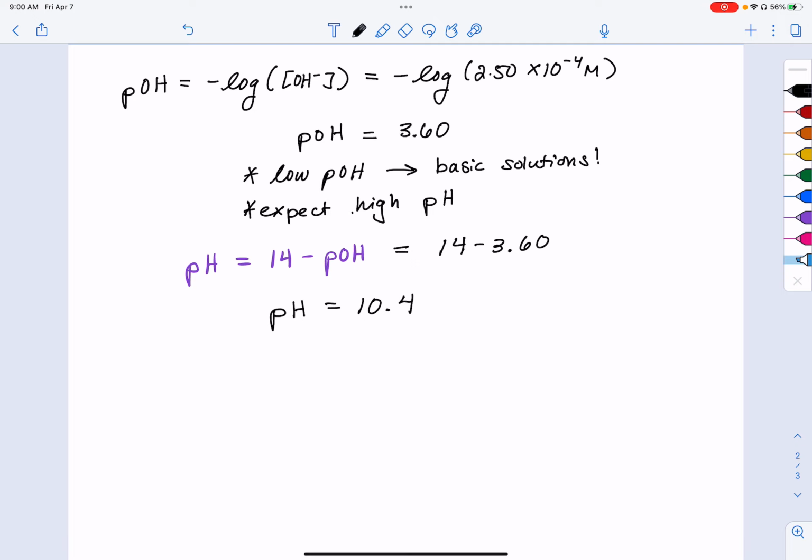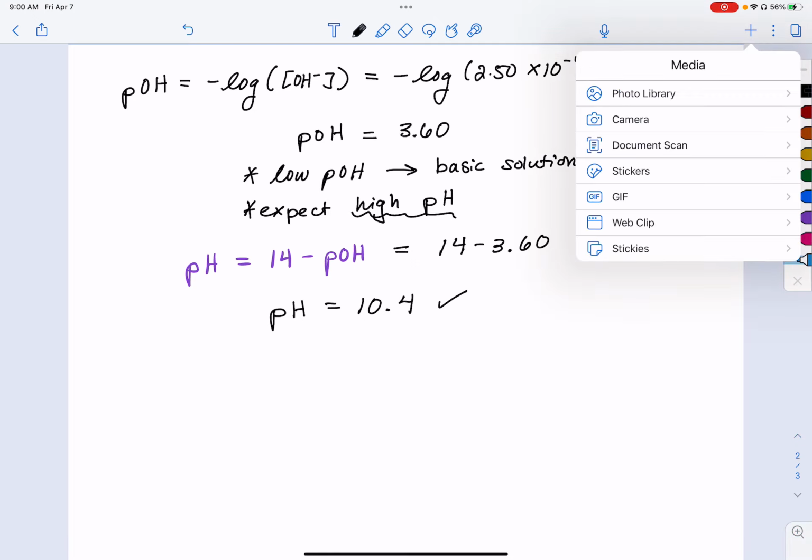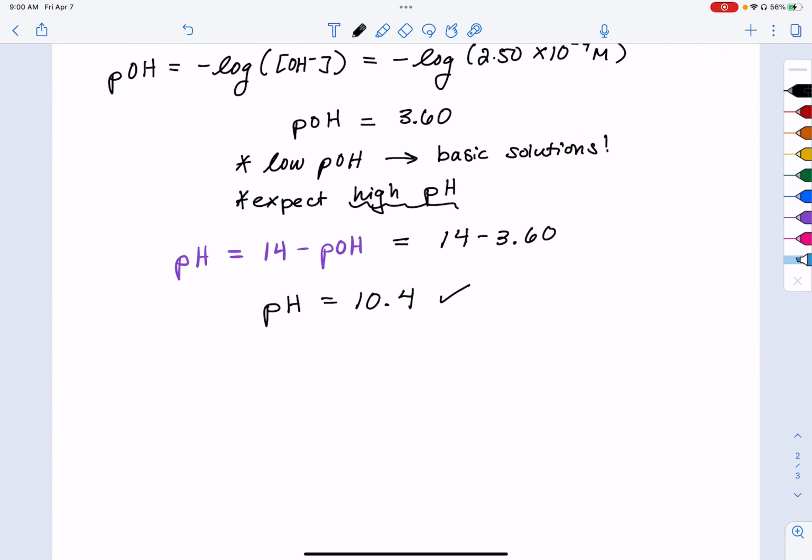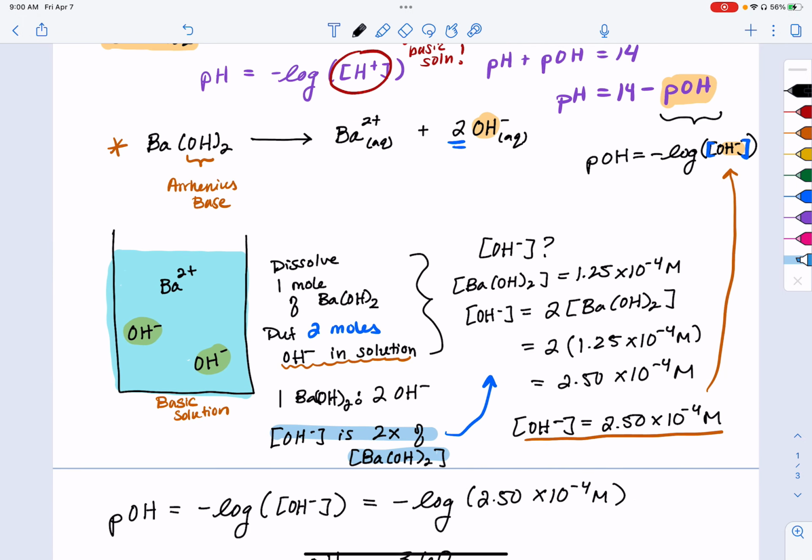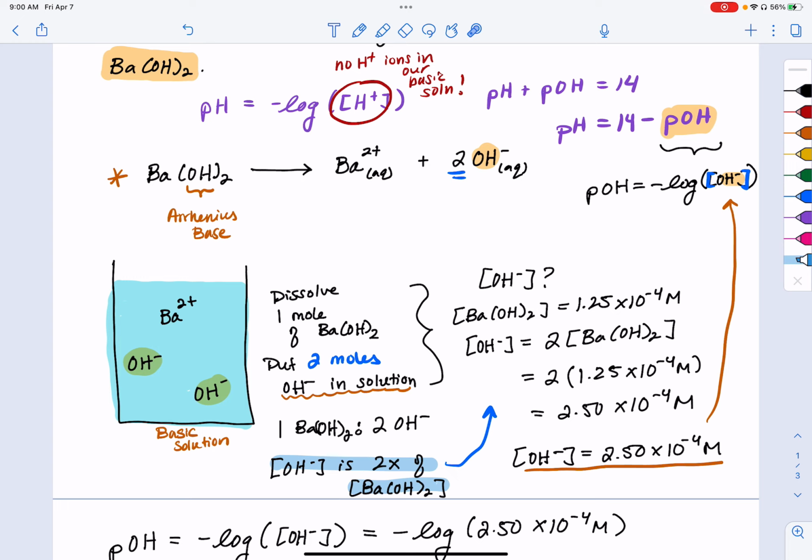And as we expected, a high pH, we see a high pH. So we can say that this is a reasonable answer. So we now have the pH of the solution despite it being basic because we know the interrelationship between pH and pOH.